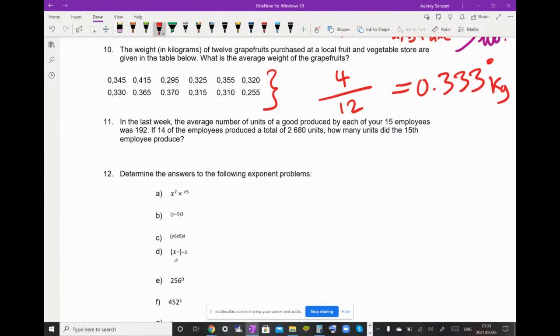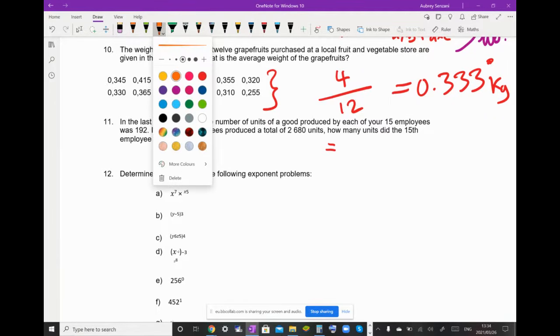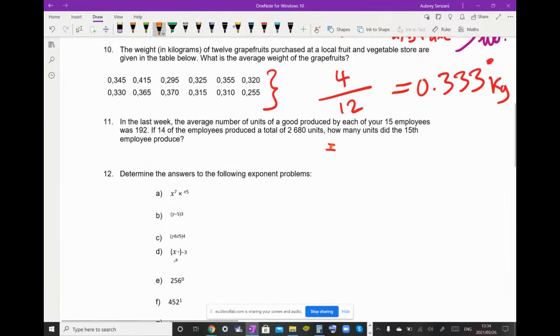Okay, so he's 100% right, but just to explain the logic, remember the formula for average is sum of the values divided by number of values, equals your average.